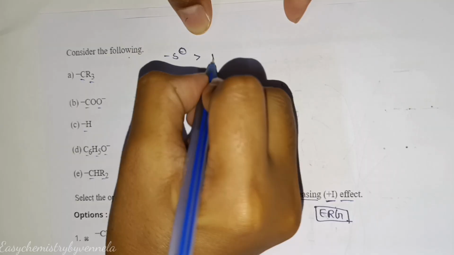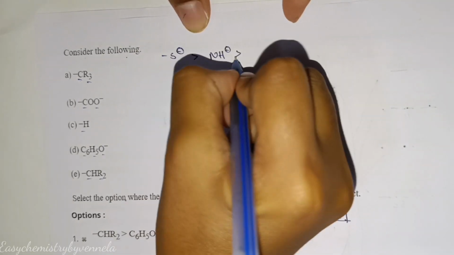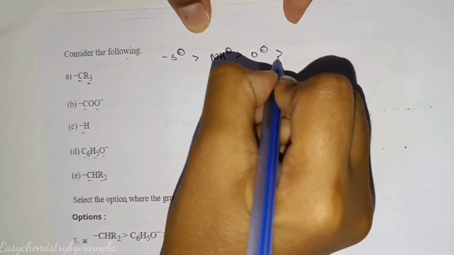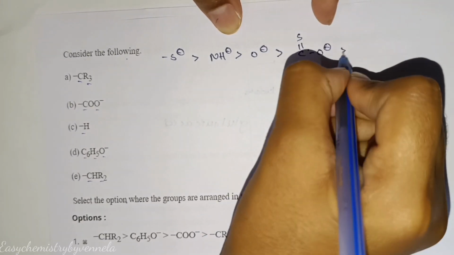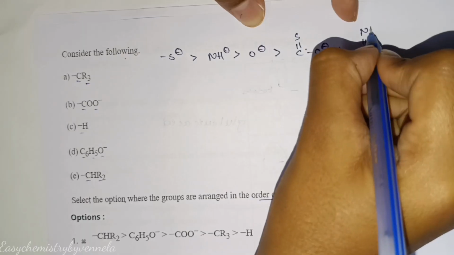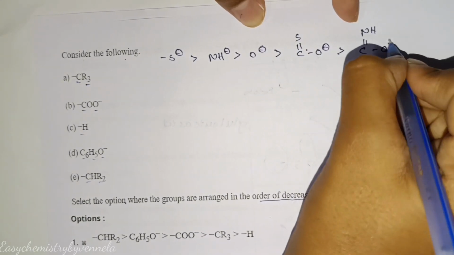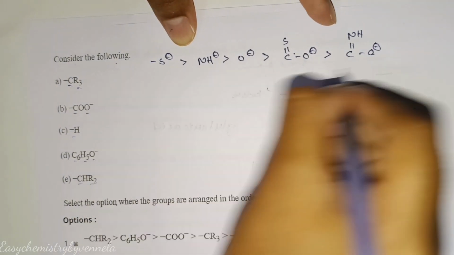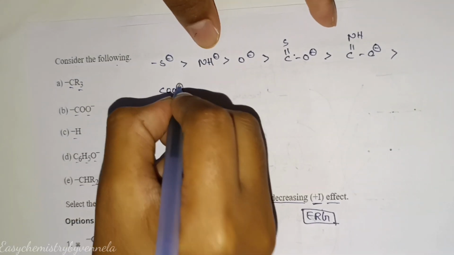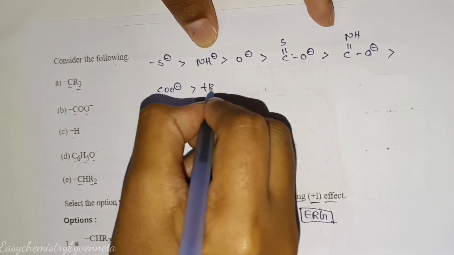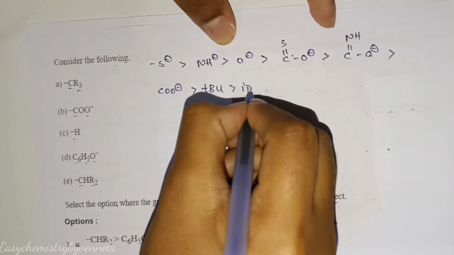O minus is greater than, NH is greater than. This is the order. If you know this order, you can easily answer the given question. You can answer very simply.